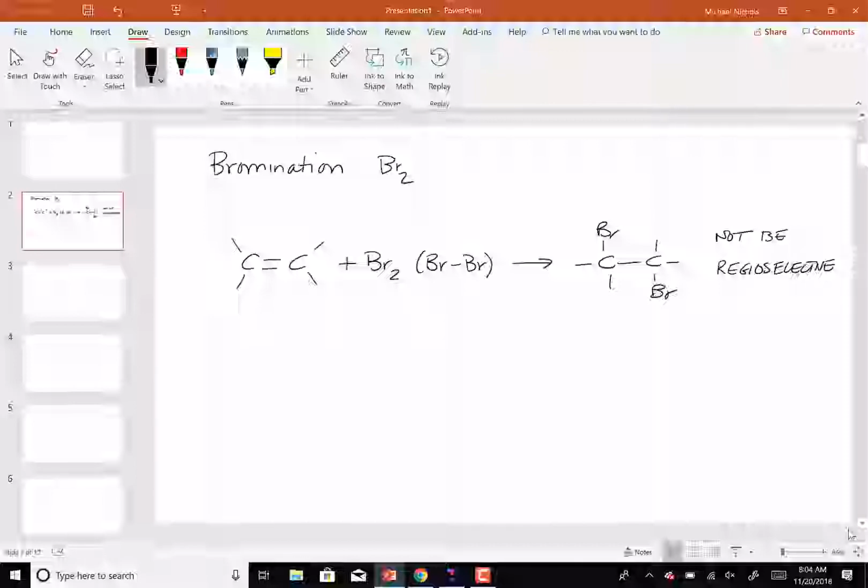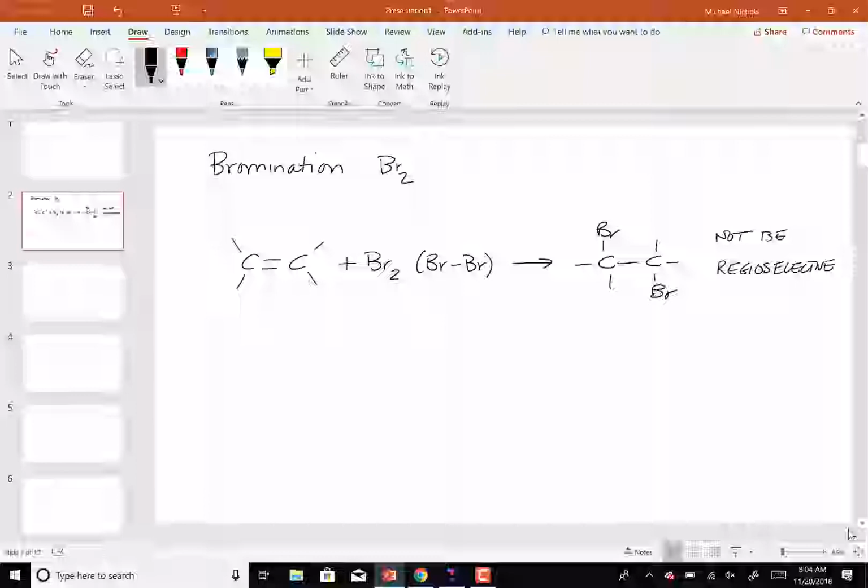It's sometimes easier to remember when a reaction won't be regio or stereoselective than if it is. If you either have a symmetrical alkene or you're adding a symmetrical reagent, it can't be regio selective.